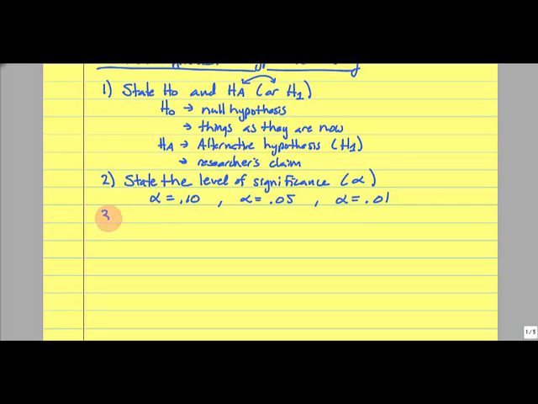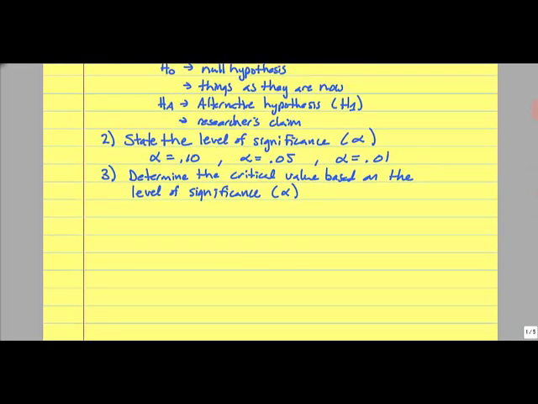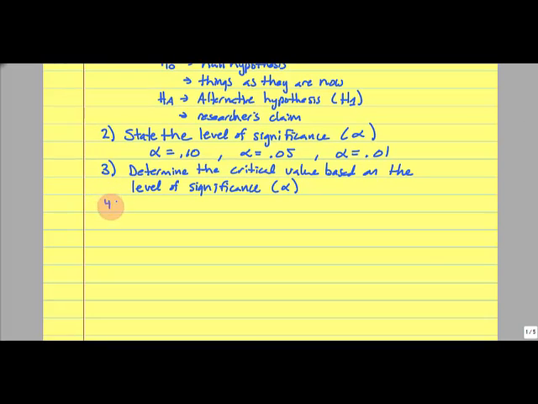The next step is, after I find the level of significance, I will determine the critical value based on this level of significance. Remember, for the level of significance, we used alpha. And you're already good at finding critical values from when we were working with confidence intervals. Sometimes the critical values might change in hypothesis testing for different cases, but the approach is similar to what we did before.